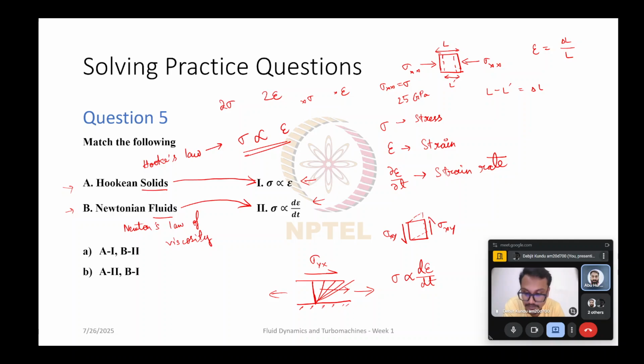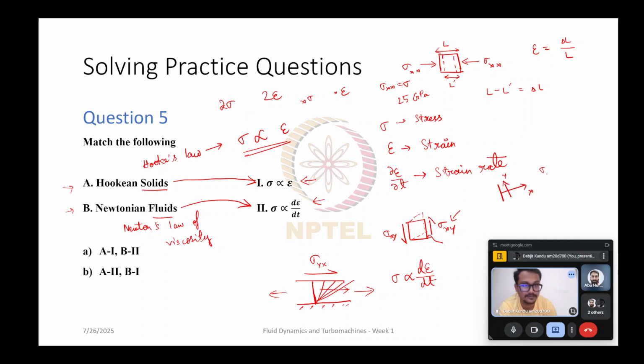Yeah. Direction. So in this case, I wrote sigma xy. What it means is that this particular plane, its normal is in the x direction, and the force or stress that is acting is in the y direction.